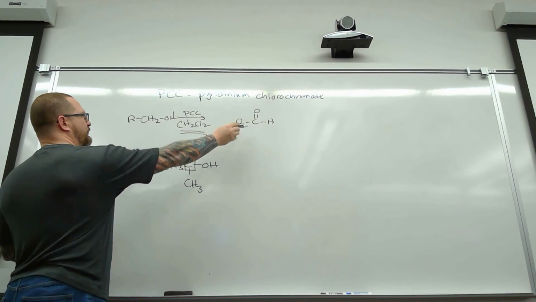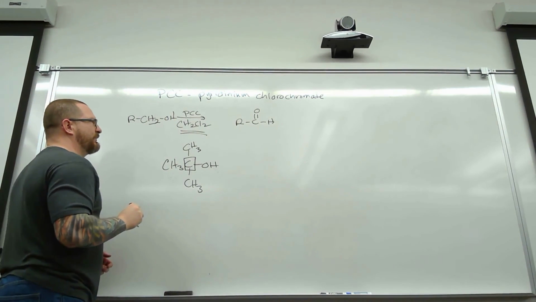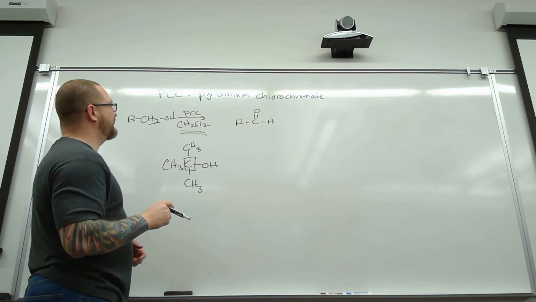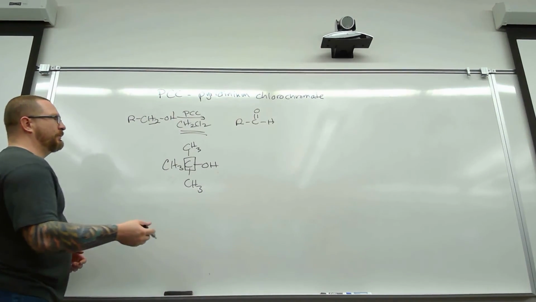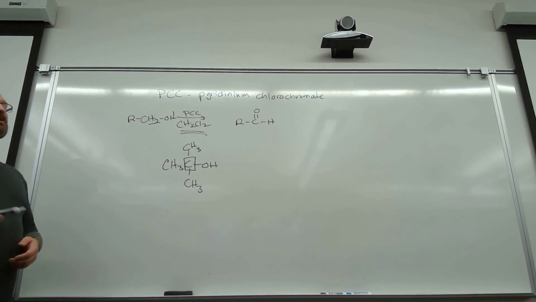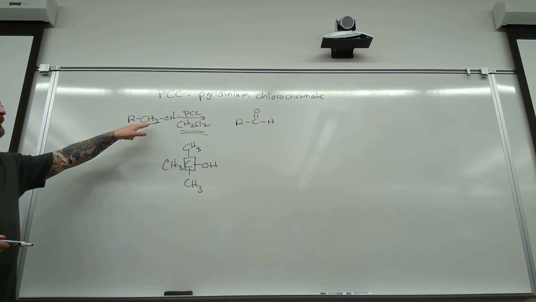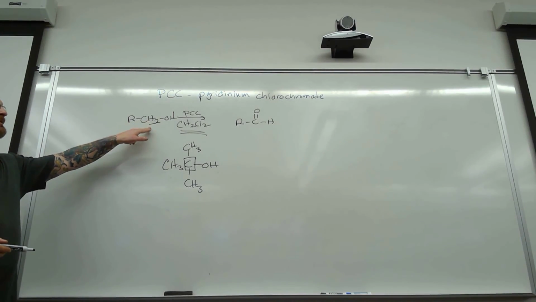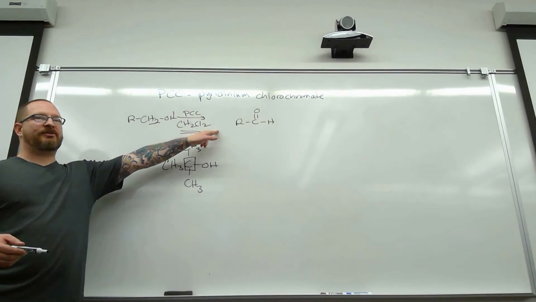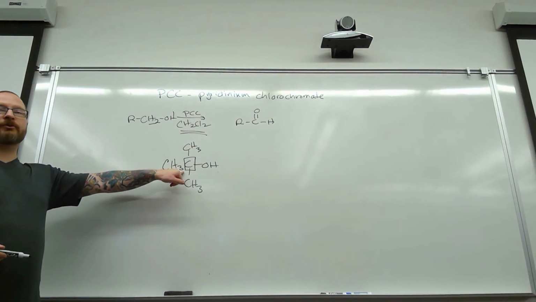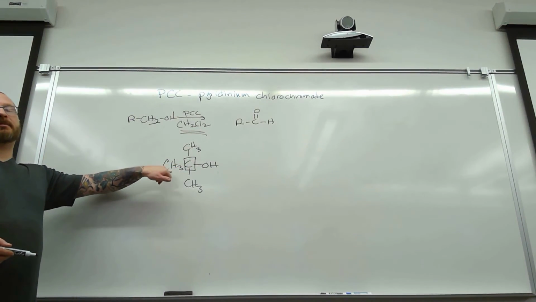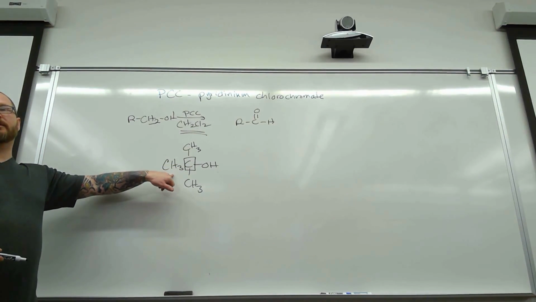Notice that to do this, the carbon has to lose one of its hydrogens, and for the subsequent reaction to carboxylic acid, you lose the second hydrogen. If you can't lose this hydrogen, you can't do the oxidation. Because this has no hydrogen to lose, this cannot be oxidized to a ketone or anything else.